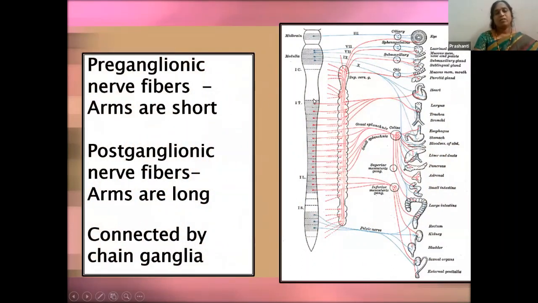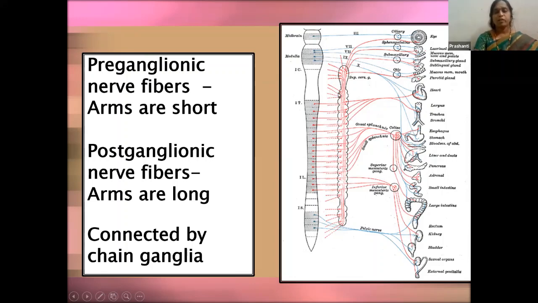So we have to see the length of the nerve fibers, children. When does the sympathetic nervous system become active, children? When we are in tension. Okay, so here we find two types of nerve fibers. These are the preganglionic nerve fibers arising immediately from the spinal cord. Just see, children, the arms are very short.